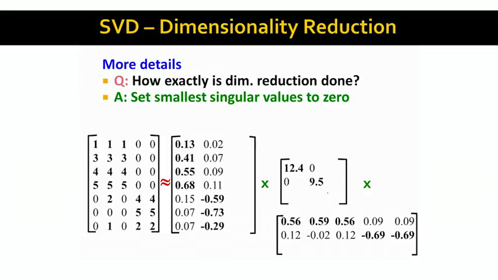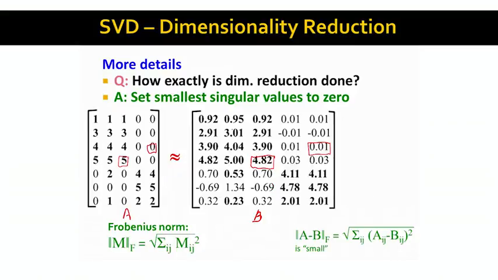If we multiply the 3 matrices together now, the new matrix we obtained was very similar to the original matrix A. When I say very similar, we can quantify the similarity of 2 matrices using what is called the Frobenius norm. The Frobenius norm of the difference of 2 matrices A and B: I take a summation over all the entries, take the difference of the entry values, square them, sum those together, and take a square root, and that's my distance.